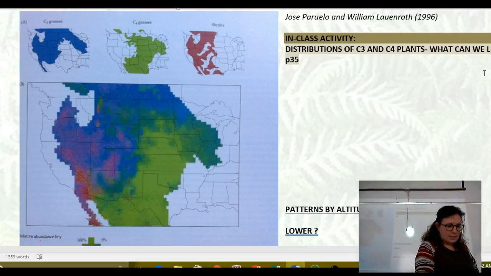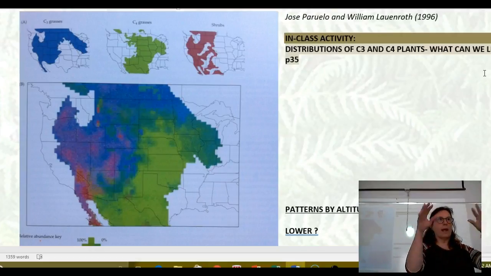I mean, it's obvious. You can see when you just visually compare C3, C4, and shrubs in Part A where you're going to have omittance and where you're going to see overlap, right? When you bring it all together, and then you go down to the part below, the relative abundance key, what is that telling us?